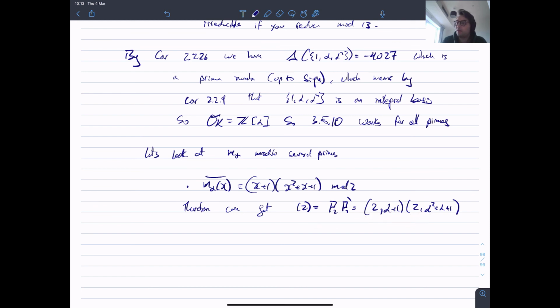So what do we figure out about this? Note, this means that 2 is unramified, and if I want to figure out the residue degrees, I just need to look at the degrees of these polynomials here. So it's 1 and 2. So the residue degree of P2 over 2 is 1, whilst the residue degree of P2 primed over 2 is 2, because it's the degree of this polynomial that's showing up here.